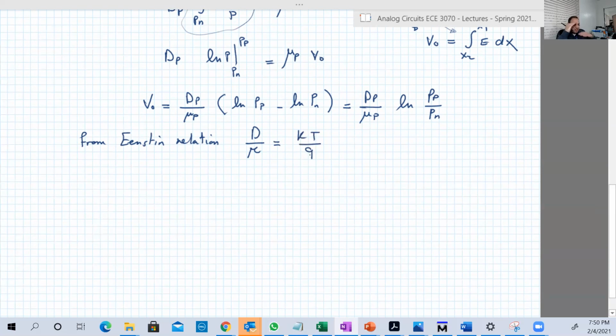Any D over its corresponding mu, dP over mu p or dn over mu n, equals kT over q. Okay, so V naught equals kT over q ln Pp over Pn.